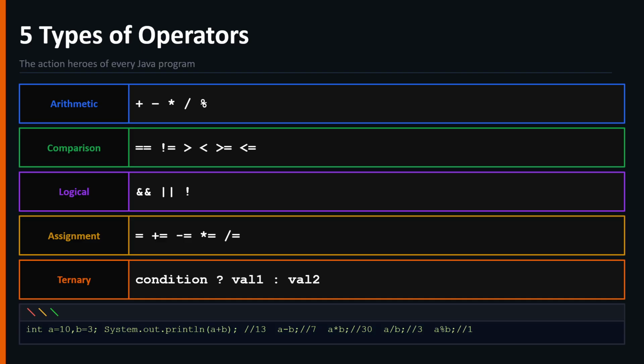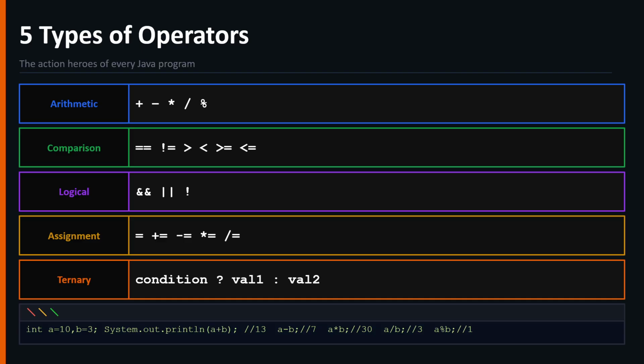The third one is logical operators. These combine conditions like and, or, and not. The fourth one is assignment operators. These store values: equals, plus equals, minus equals, and more. And the final one is ternary operators. This is a shortcut for if else all in one.